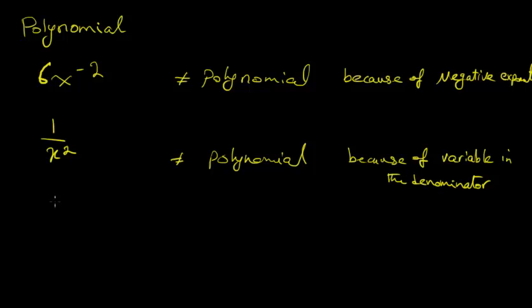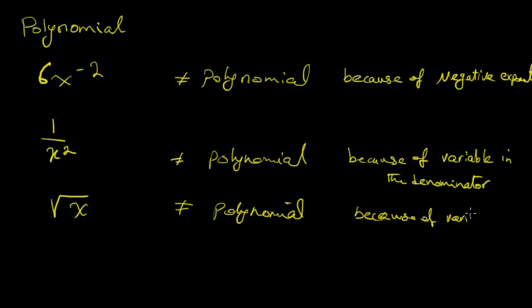Also, there can't be square root of variables. This is not a polynomial either. But 4x2 is a polynomial.